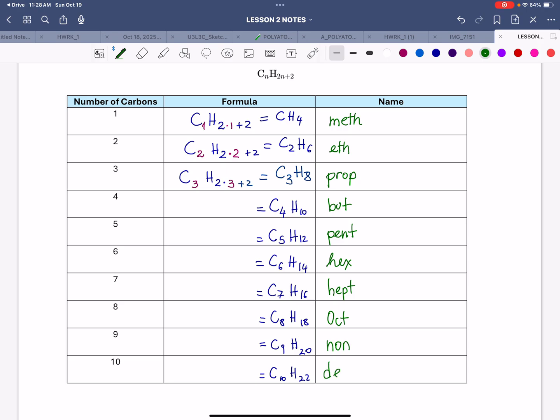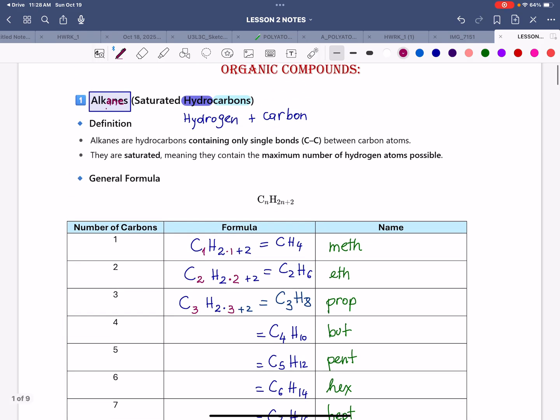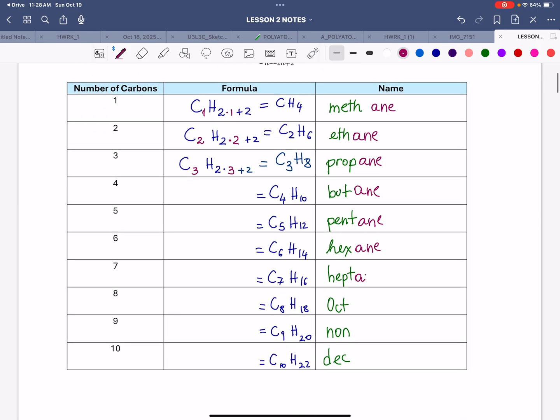And 10, dec. Next we add the suffix ane: methane, ethane, propane, butane, pentane, hexane, heptane, octane, nonane, and decane.